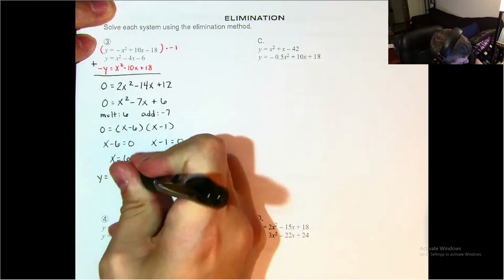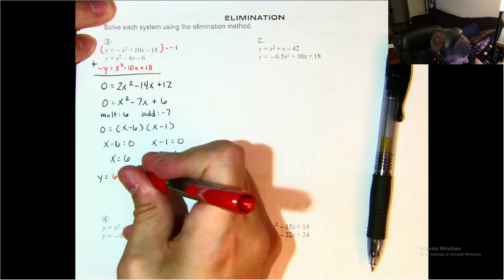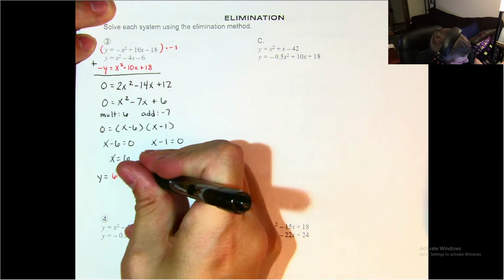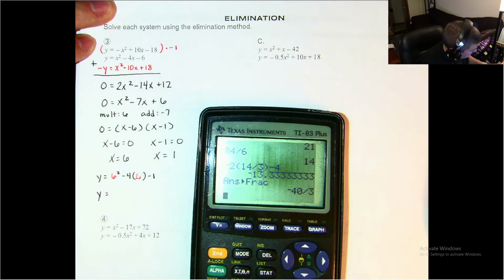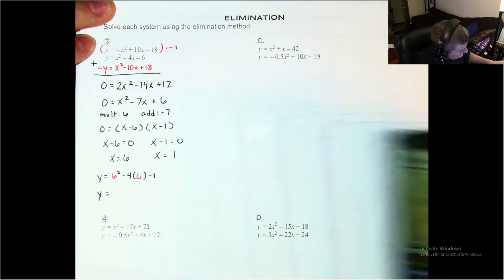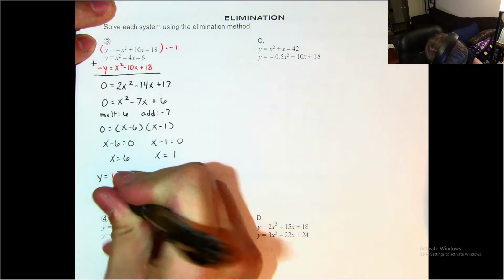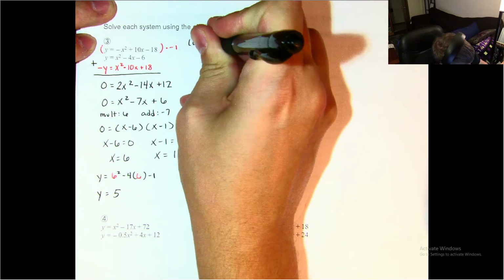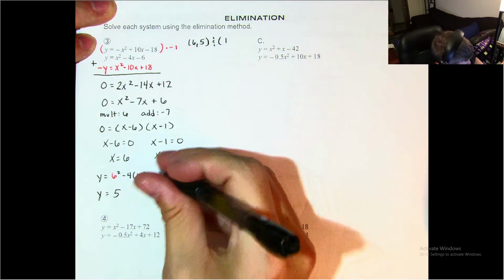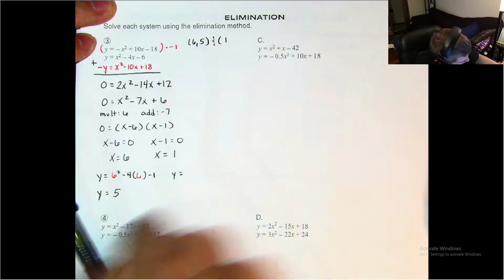minus 4 times 6, and then minus 1. So that means y is equal to, and we're just going to throw this in the calculator, 6 squared minus 4 times 6 minus 1, 5. So our first ordered pair here is the ordered pair 6, 5. And then the other one, same thing, we just replace it with 1.